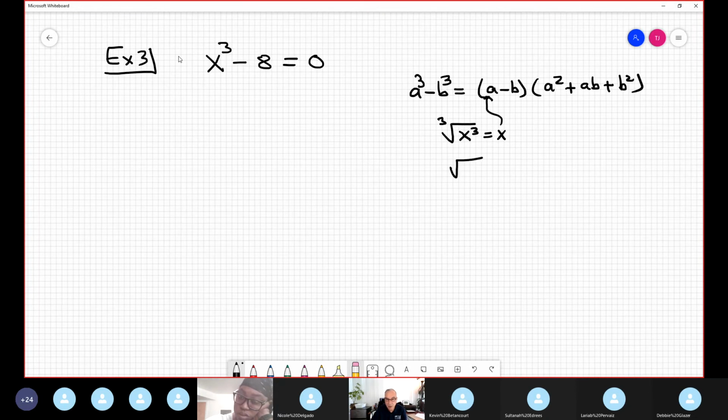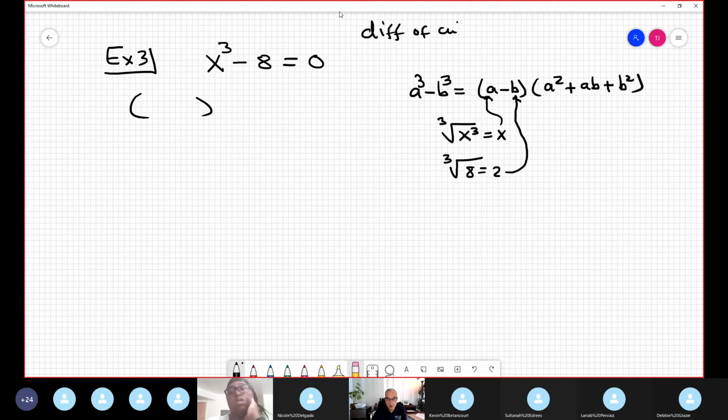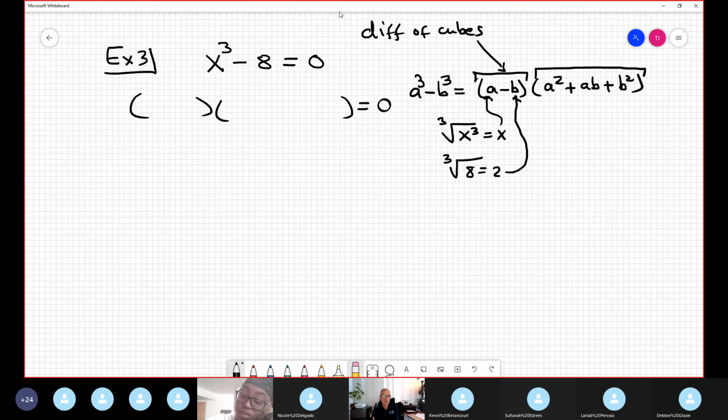And the cube root of 8 is 2, which is b in our formula. It has one short parenthesis and one long parenthesis, because the short one is a binomial and the long one is a trinomial. Specifically in our example, a and b are x and 2.